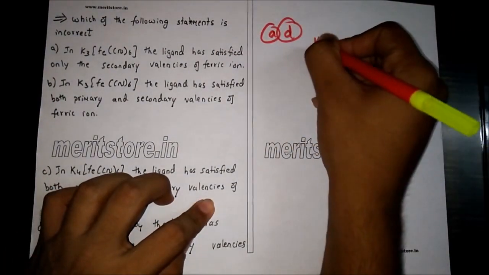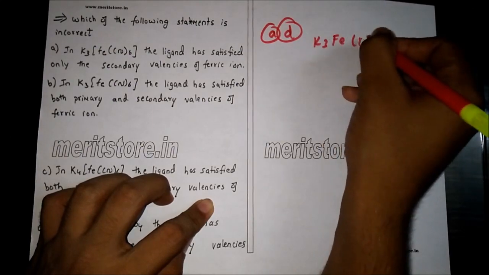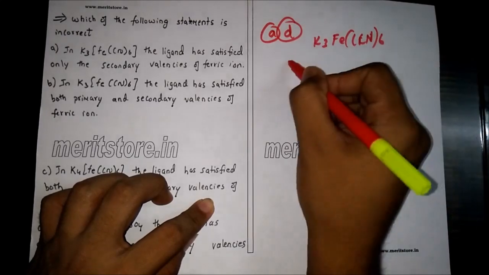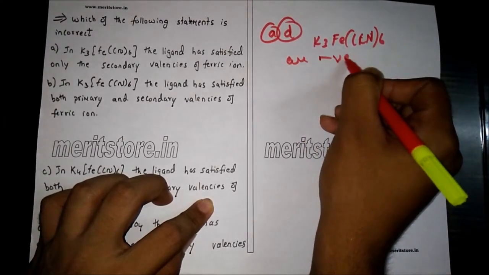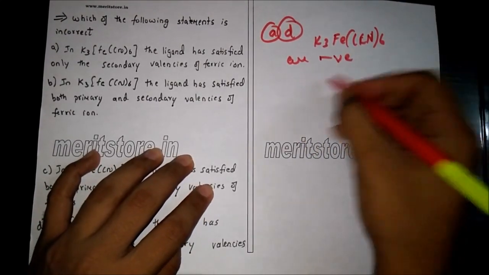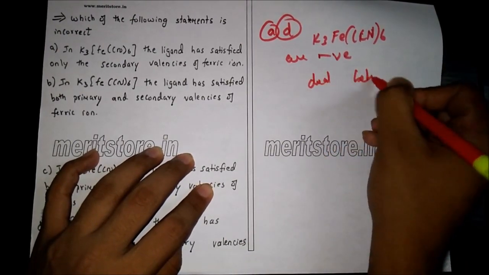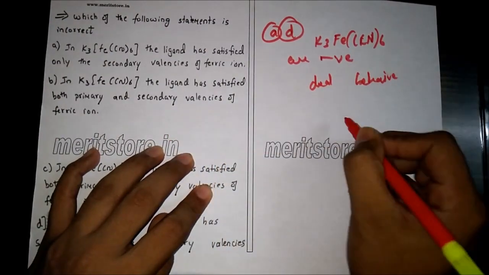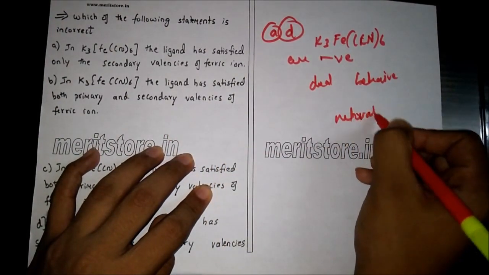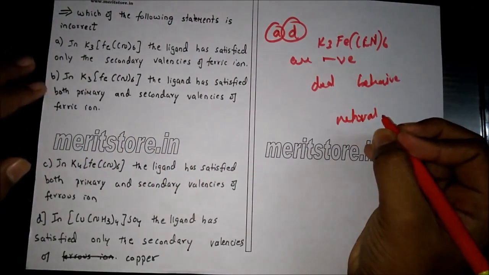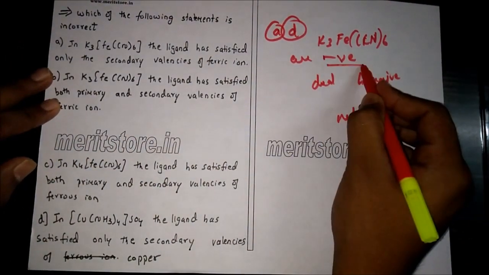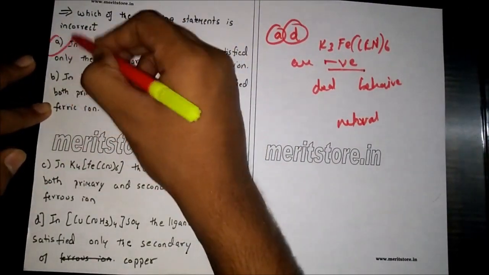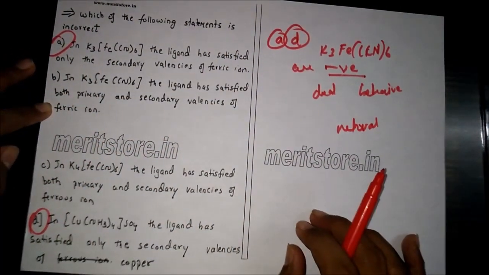Since in K3[Fe(CN)6] the ligands are negative, and a negative ligand present in the coordination sphere shows a dual behavior, it may satisfy both primary and secondary valencies, while neutral ligands satisfy only the secondary valencies. Since here the ligand is negative, not neutral, it should satisfy both primary and secondary valencies. Therefore, B and C are correct. However, A and D are the wrong statements, which are the answers.